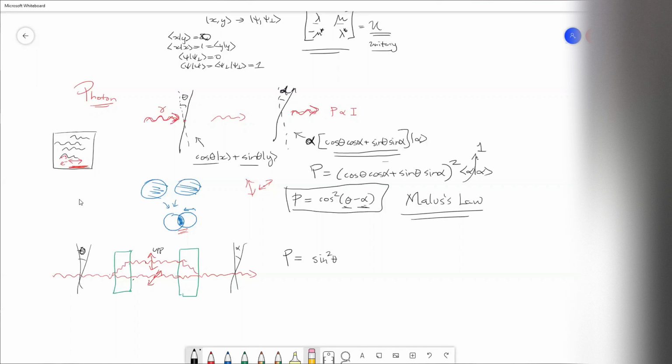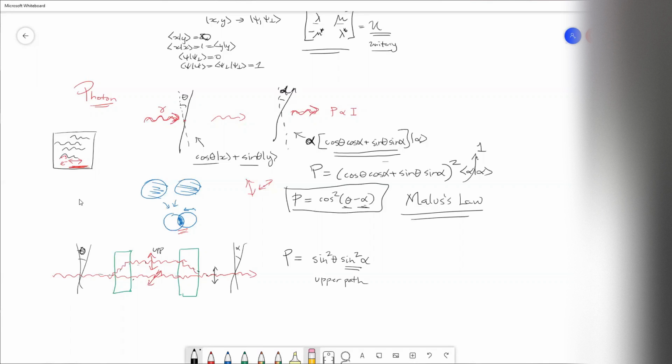And if it went along this upper direction and it came back down and hit this alpha, then in order for it to sneak through, there would be an additional probability of sine squared alpha, because now you're coming up here with this y polarization, and you'll only sneak through this alpha with a probability sine squared alpha. So this is kind of the upper path probability analysis.